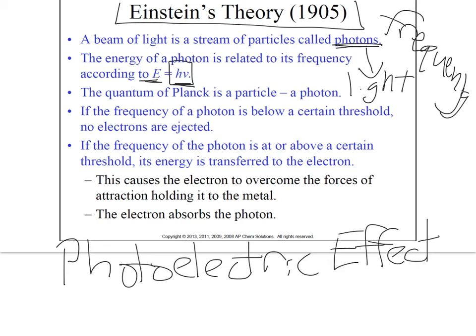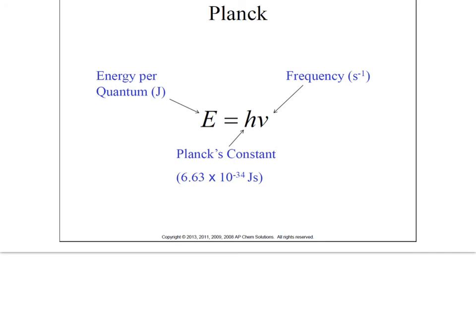So if the frequency is a certain amount, then the photon doesn't have enough energy to eject an electron from an atom. However, if there's enough frequency and enough energy, okay, then this can cause electrons to gain enough energy when they absorb a photon, right, and actually be kicked off or ejected from the atom.